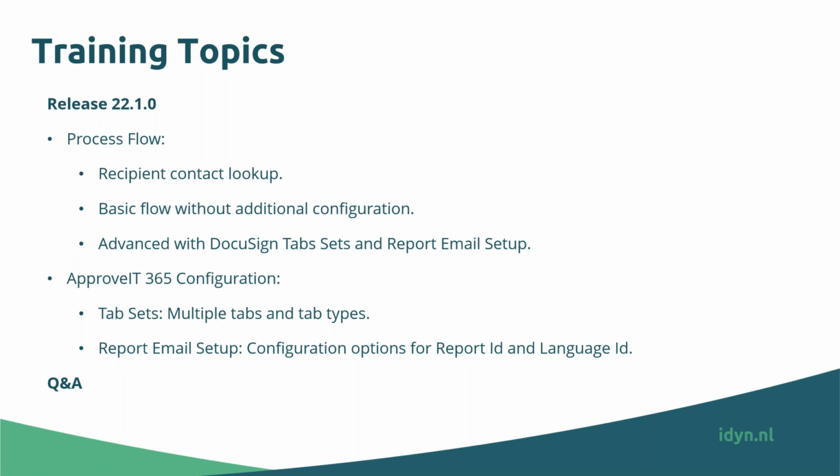We also have some additional configuration for email text, so the subject and the body of the email text, where we can specify it for different reports and different languages.